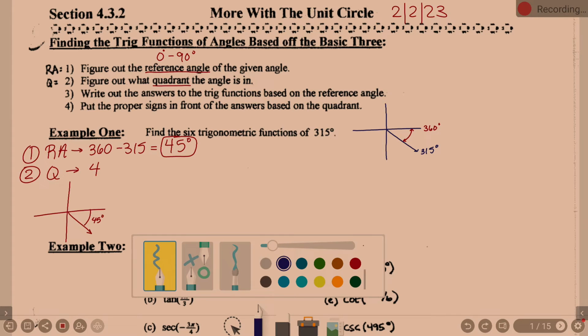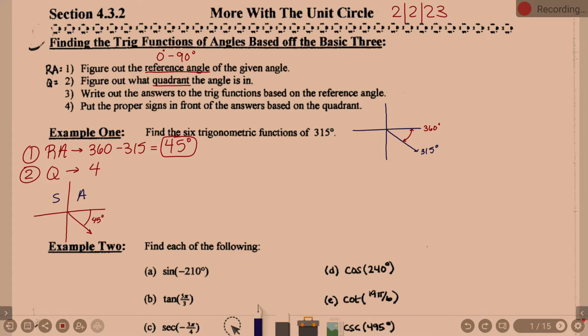Okay. All students take calculus. Now, I'm a little premature on that. We're not quite ready for that in this problem. But, you know, that's the whole point of knowing what quadrant you're in. That quadrant is going to tell me what's positive and what's negative.